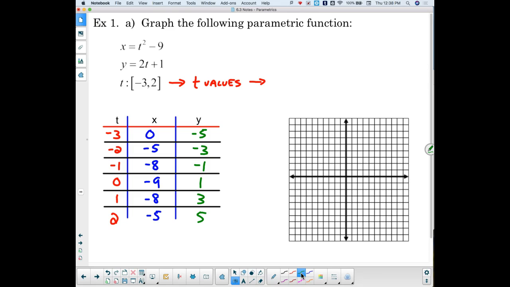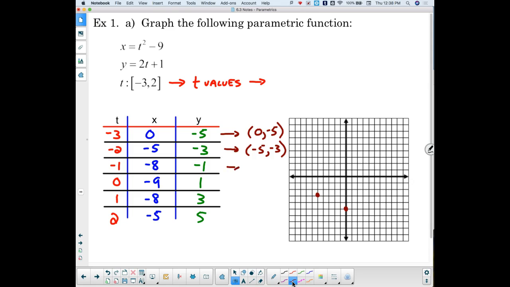Now, those correspond to points that I can graph. So this first one, I'm going to graph the point 0, comma, -5. This one corresponds to -5, comma, -3.